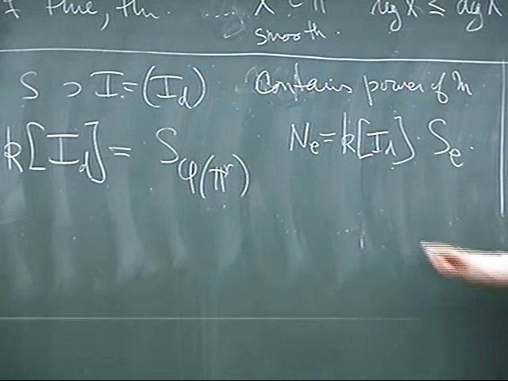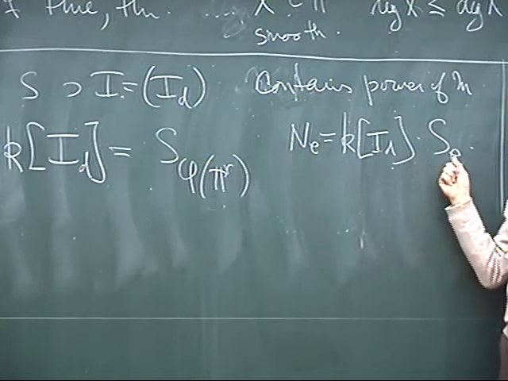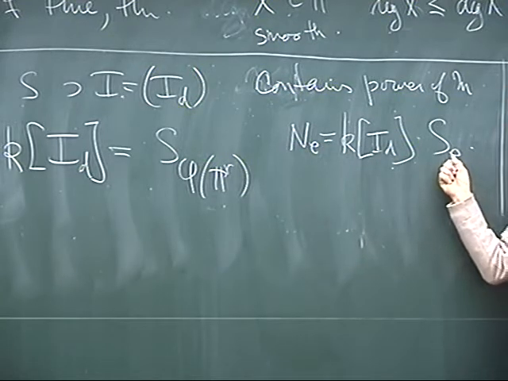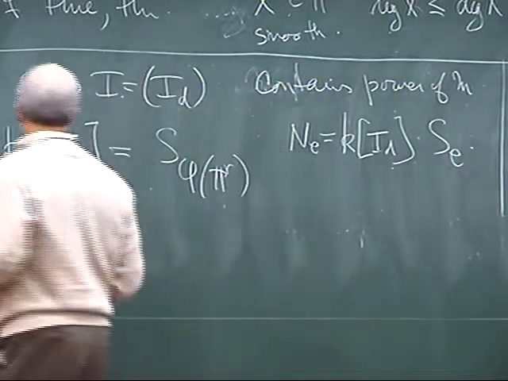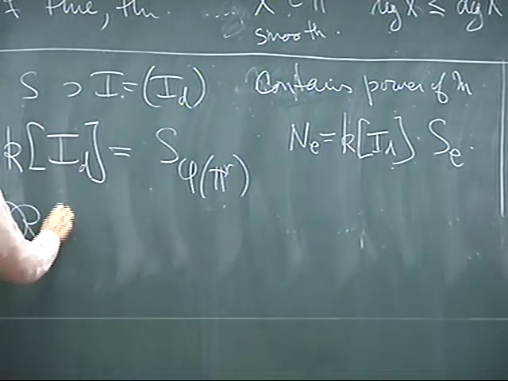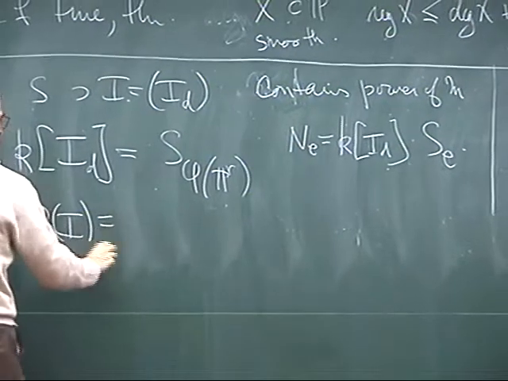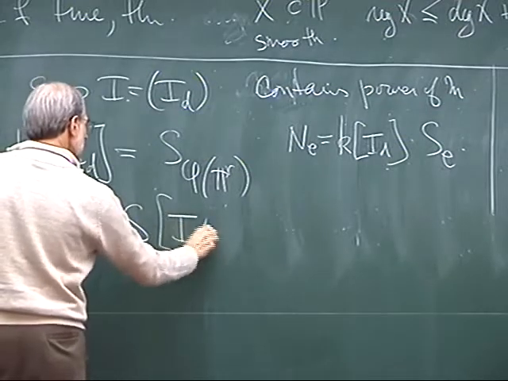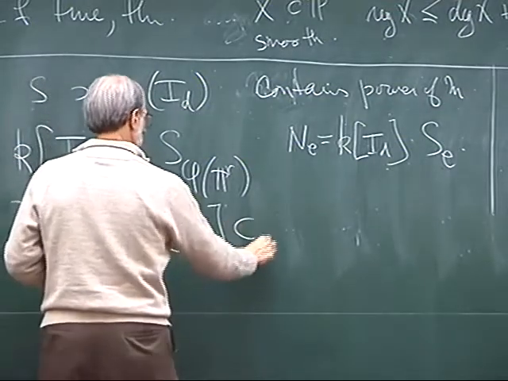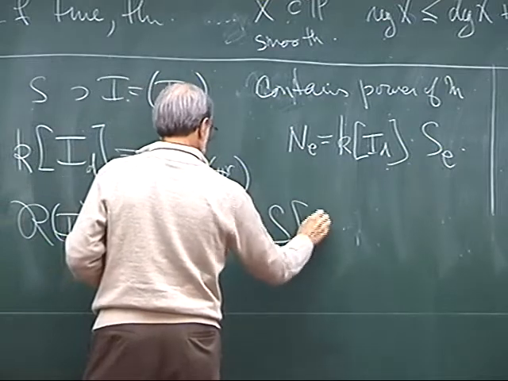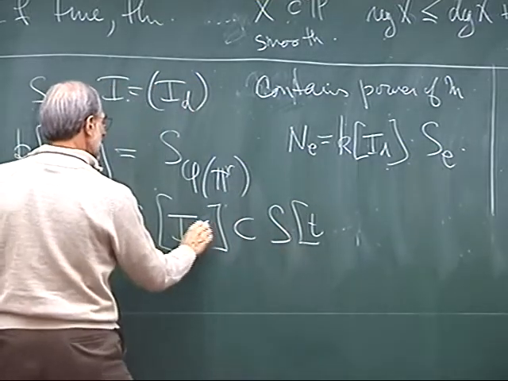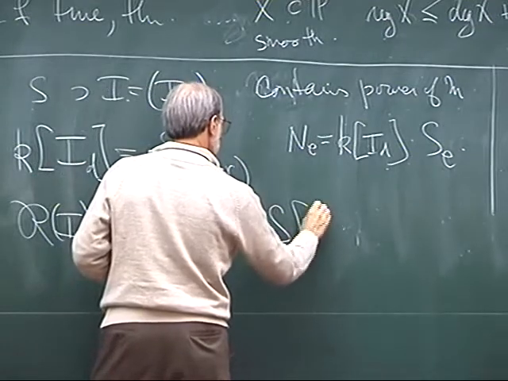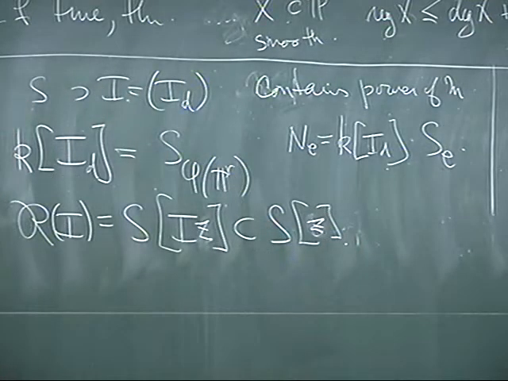However, the direct sum of them is isomorphic to the Rees algebra of I. So you can take the Rees algebra of I, that's by definition S of, let's say, I times T inside a polynomial ring in one more variable. I shouldn't use T, let's say Z, S of Z. And you can compare these with that.